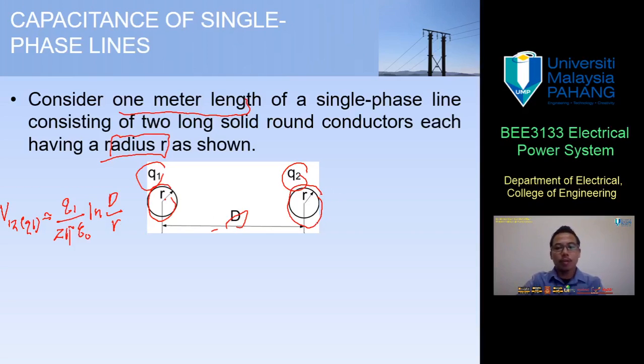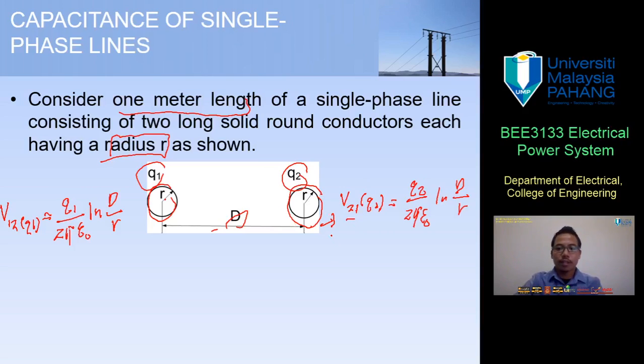Okay, same goes for the case of the second phase conductor. So this time it is V21 due to Q2. Then we have Q2 over 2 pi epsilon 0, and since the distance is also D and the radius R, it is almost the same, ln D over R. For this case we want to do the superposition theorem, so we need to make it the same as V12 also.